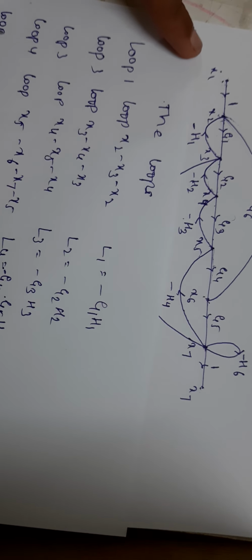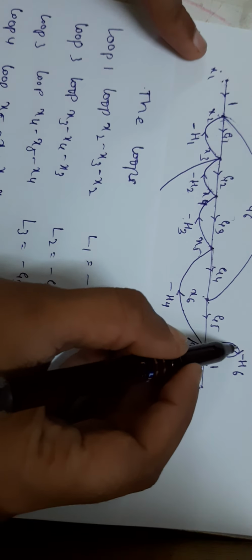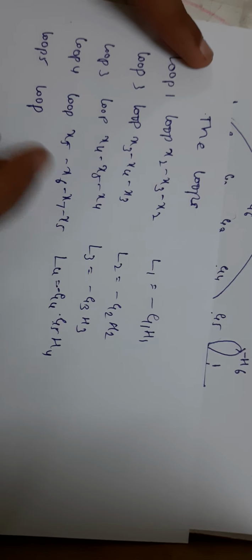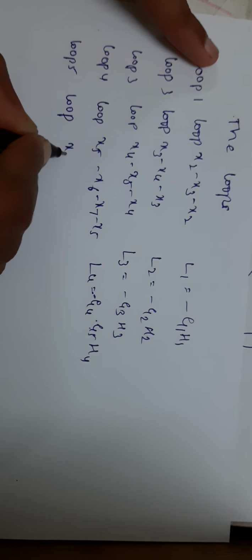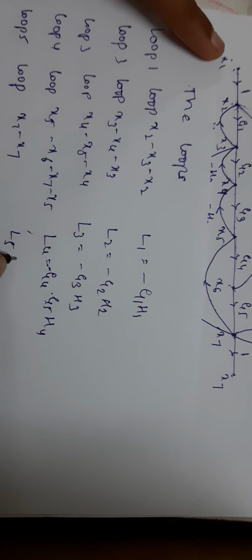Next, loop 5 is a self loop, x7 to x7, that is L5 is equal to minus H6.